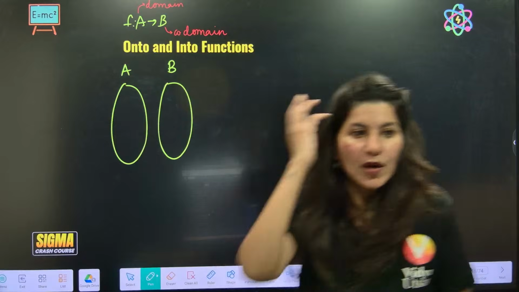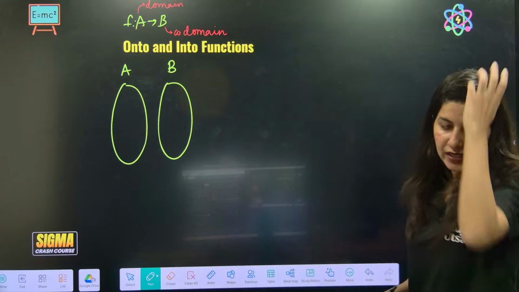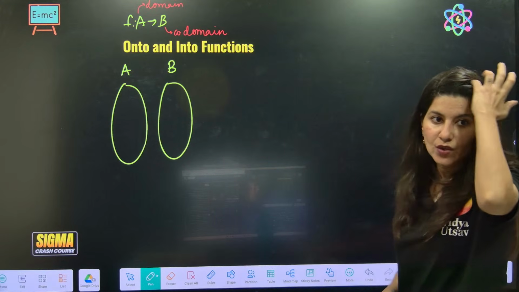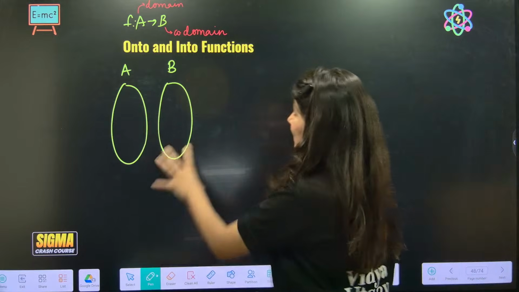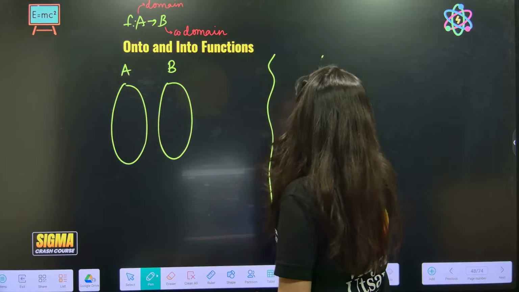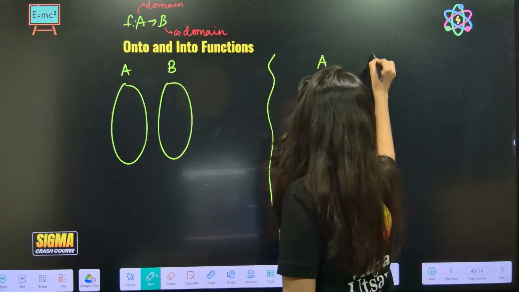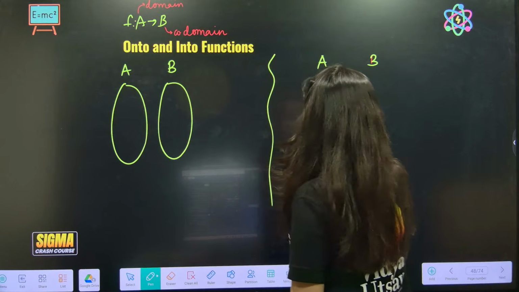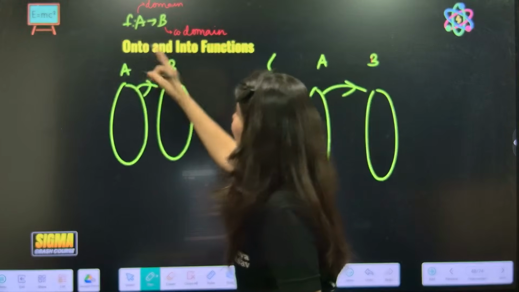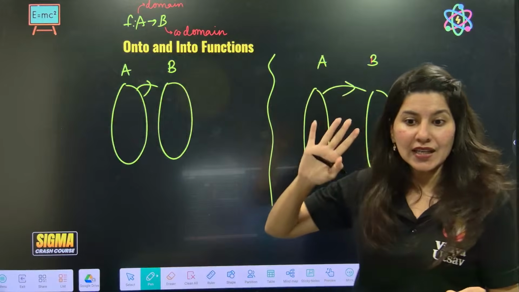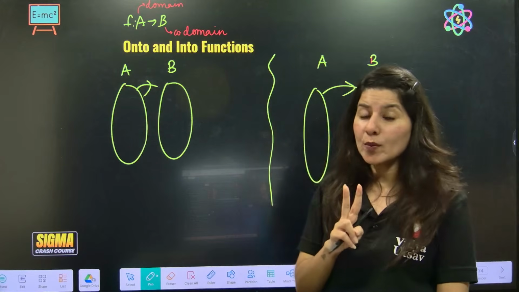Okay, let's talk about into and onto. Now I think I am live. All right, into and onto, let's see. This is onto and this is into. I told you already, I hope you are aware about it. Very important: f from A to B, the first set is the domain and the second set is the codomain.